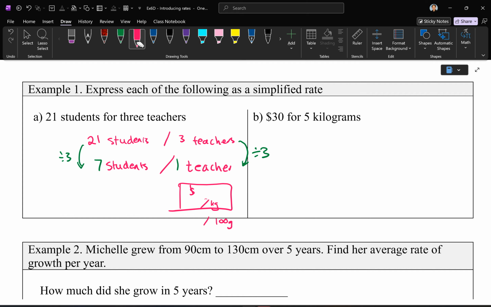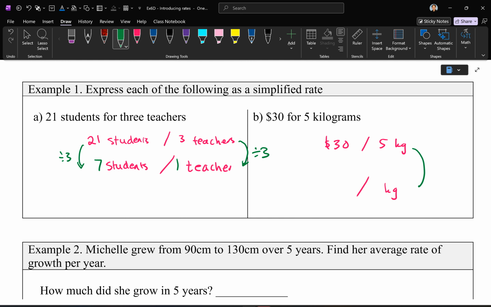Okay? So if you do the next problem, same idea, you've got $30 for every 5 kilograms. But again, when you go into Coles or Woolies, they usually charge per kilogram because it's easier to calculate. What if you don't want 5? What if you wanted just 2 kilograms? It's easier to work out 1, then you can work out 2. So let's do the same thing.